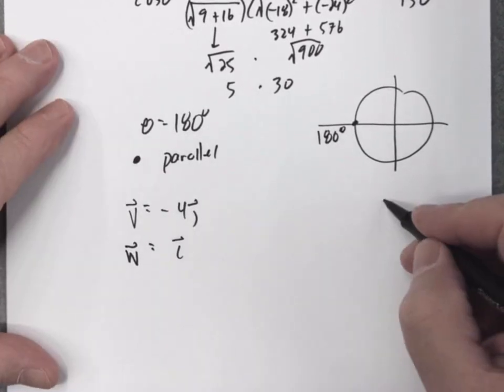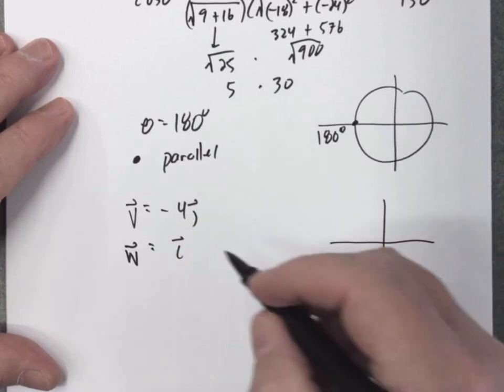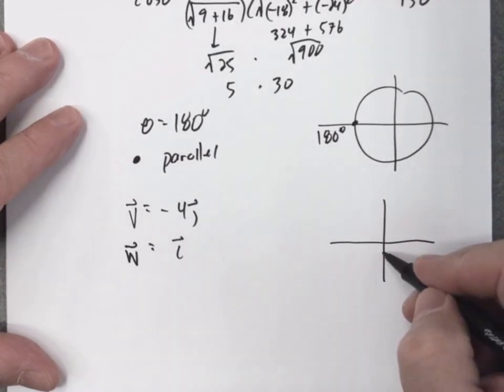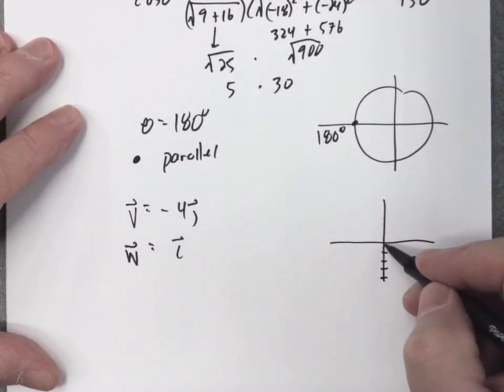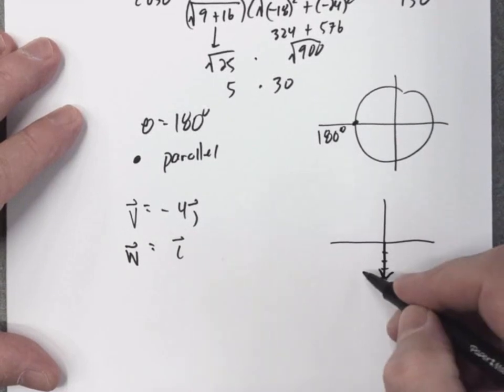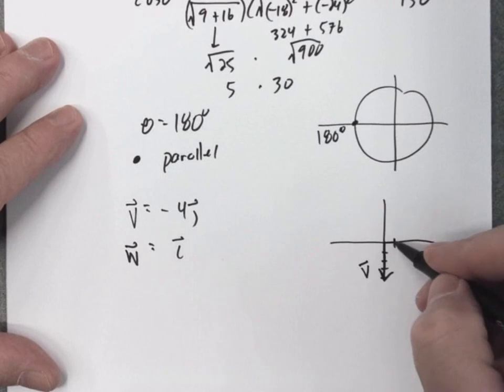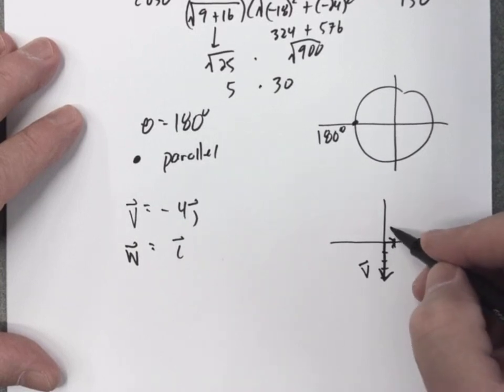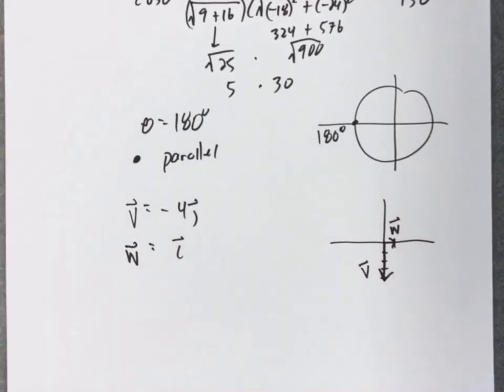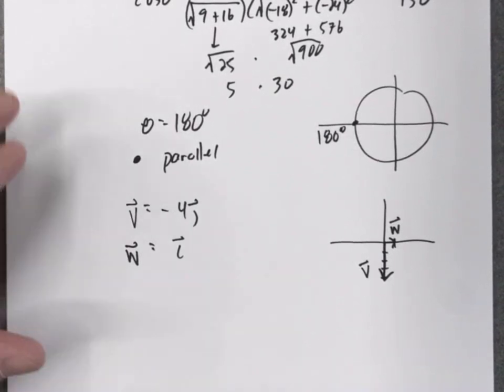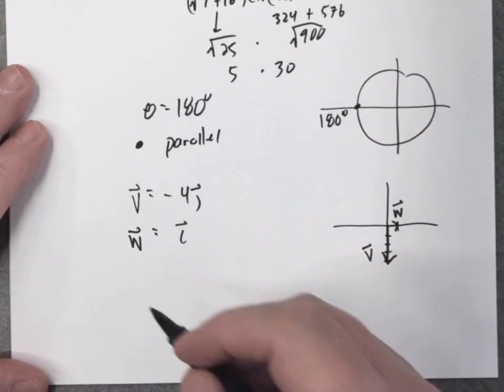So if we were to graph this, -4j would just be like this, and i is right here. So I'm pretty sure, actually at this point I know, it's going to be orthogonal, 90 degrees. Let's just confirm it.